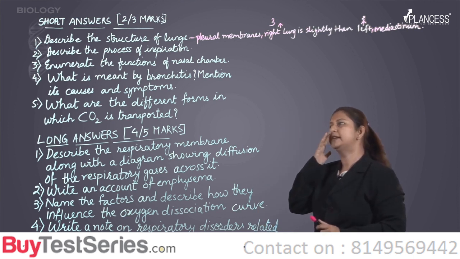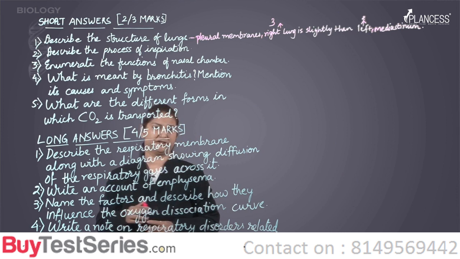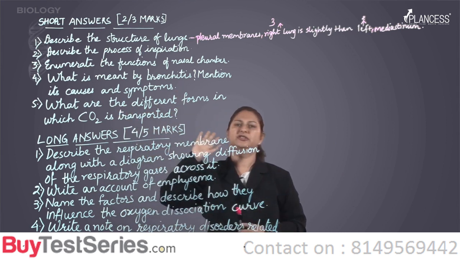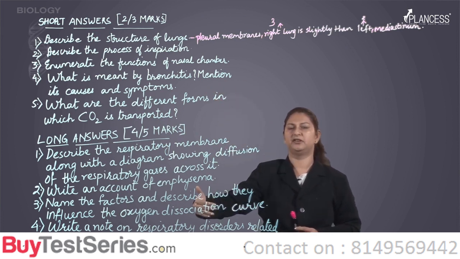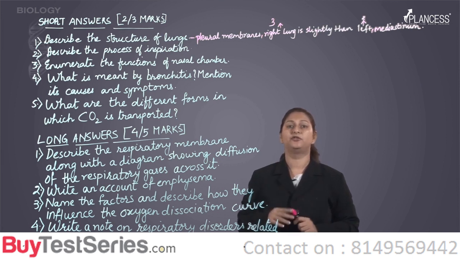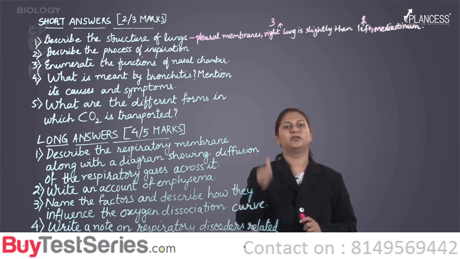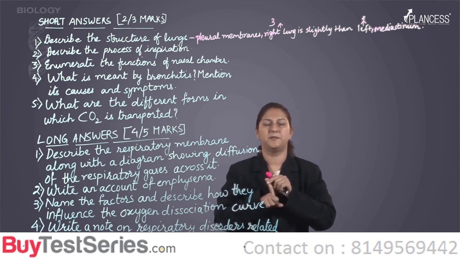Now coming to the next question, describe the process of inspiration. Now here, since it's just for a 3 mark question or 2 mark question, inspiration, but it can be added, inspiration and expiration, as you move on to a longer answer or a 5 mark answer. Now when we write about inspiration, you have to mention about the intercostal muscles. So you need to mention about the rib cage.